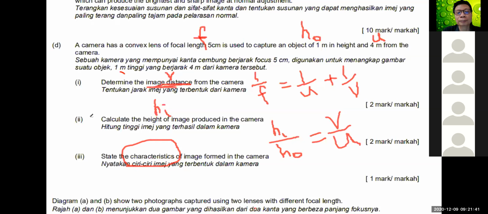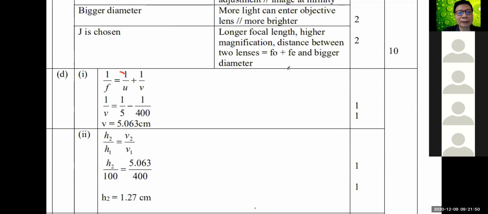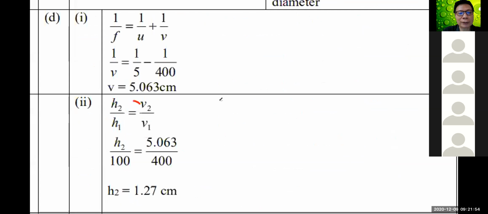Okay. I think some of you already got the answer. Okay, you check your answer now. But I'm not sure the answer is correct or not. Please check. Sometimes the answer given here is not the correct one, you know. The answer now is 5.06. Is it correct?